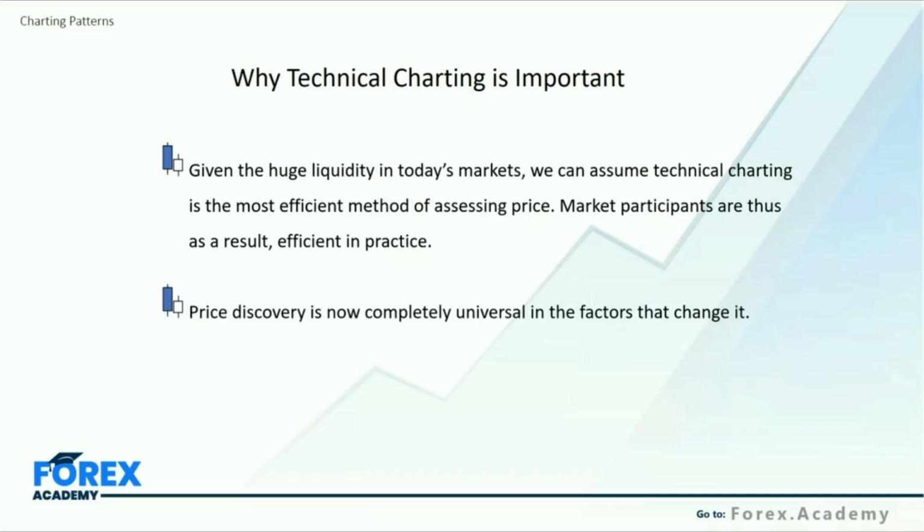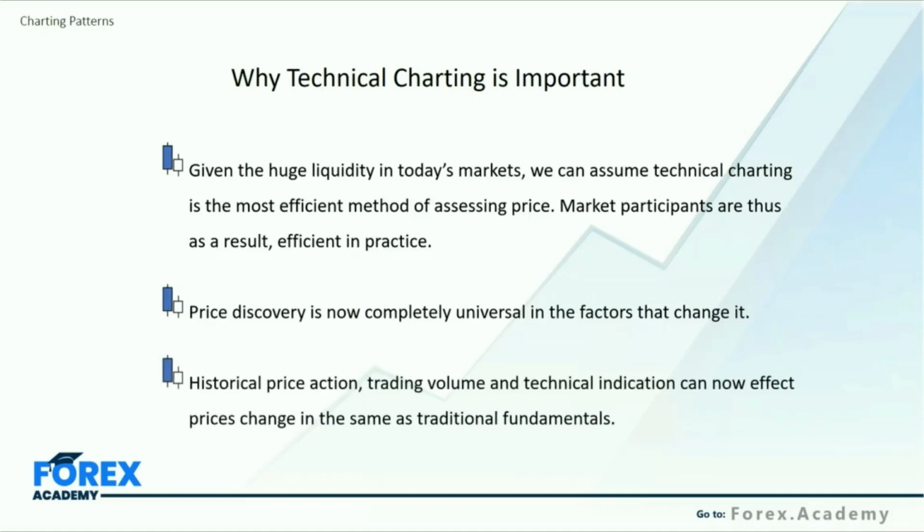Price discovery nowadays is completely universal in the factors that change it. So to take, for example, historical price action, trading volume and technical indication, these technical attributes to the trader have just as much an effect on price change as traditional fundamentals. So if we take a commodity, perhaps like the oil market, yes, there is a supply and demand function to that market that certainly drastically changes the prices.